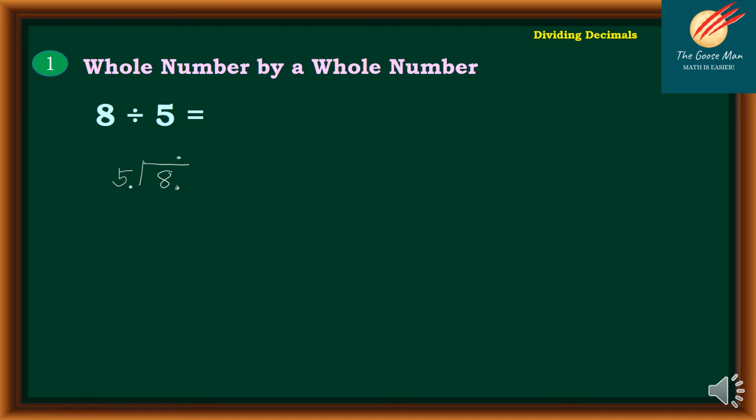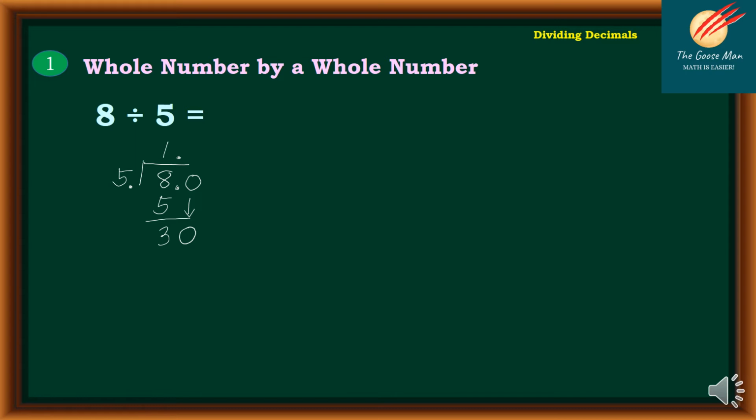Next, divide 8 by 5. So we have 1. Then multiply. 1 times 5 is 5. Then subtract. 8 minus 5 is 3. Then we will add a 0. So just write 0 beside 3. So we have now 30.